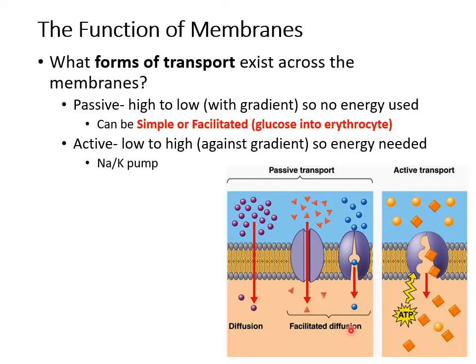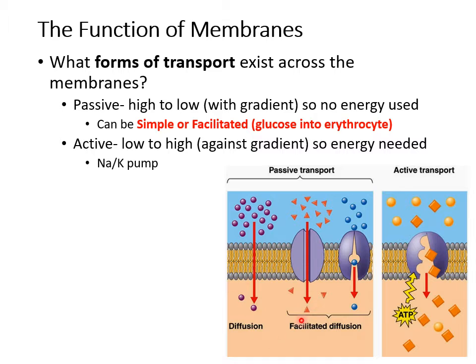Okay, so as you can see in facilitated diffusion, you need the extra help. It's helped along. And so notice, even though you're using this carrier protein to help, the movement is still high to low, so it doesn't actually require any energy.